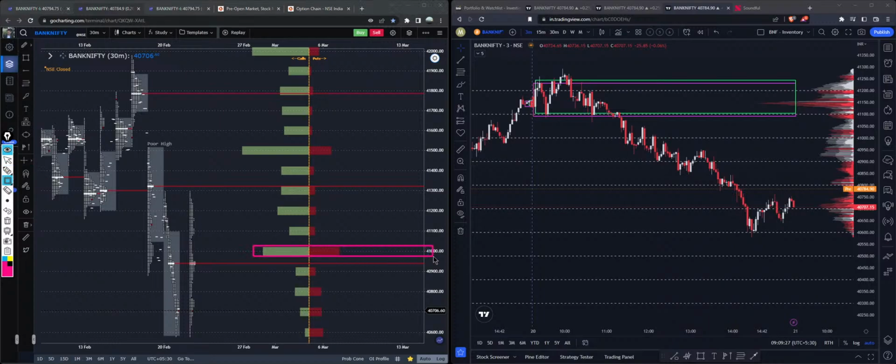So this is 41,000, and then 4800 is the level of equilibrium. There is a single print zone here, and I'm expecting some sort of choppiness. Based on that, I'll be taking the trades, but I will be waiting for a couple of minutes.